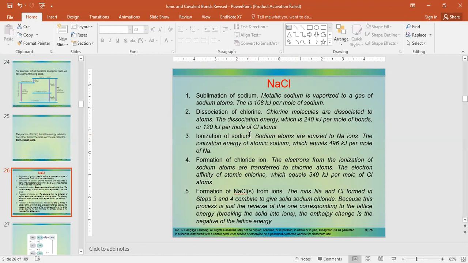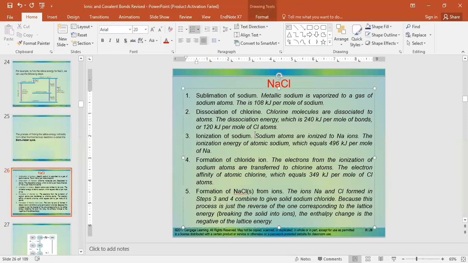And what is this ionization? The ionization is where you have a complete transfer. You are removing an electron. So we say that sodium atoms are ionized, and the ionization energy of atomic sodium is equal to 496 kilojoules per mole. And then you have the formation of the chloride ion. An electron is released here, and that electron is going to be accepted here.